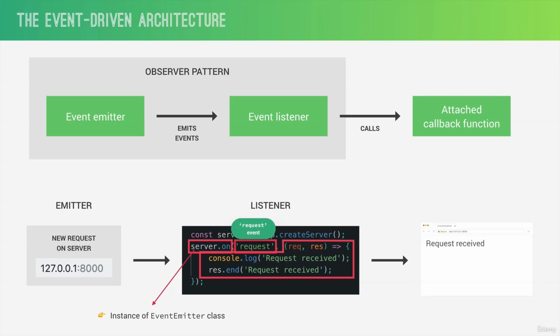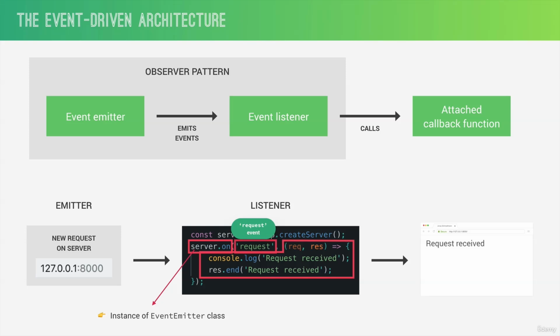And that is because there is a huge benefit of using this architecture, which is the fact that everything is more decoupled. We don't have, for example, functions from the file system module calling functions from the HTTP module, because that would be a huge mess. Instead, these modules are nicely decoupled and self-contained, each emitting events that other functions, even if they come from other modules, can respond to.